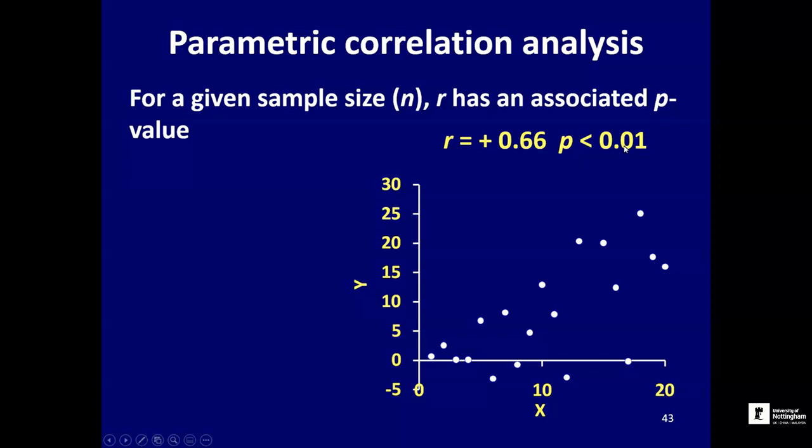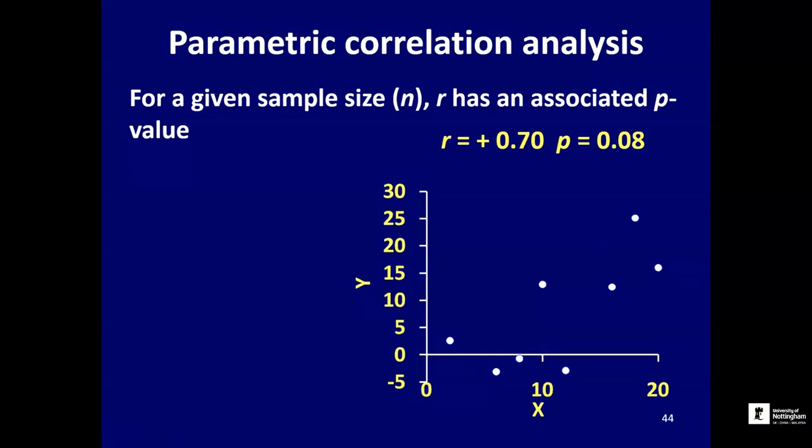It's less than a 1 in 100 chance. But just to show you that, as we've said before, there is this relationship between significance, effect size, and sample size: when you have a really small sample size, here just 8 data points, you can get the same kind of apparently strong positive relationship between two variables when it's still quite likely to have happened by chance.